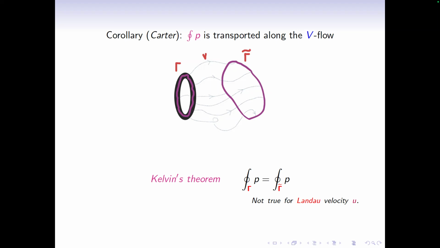The reason is that, of course, V and U are proportional to each other, but the coefficient of proportionality, which is roughly speaking the inverse temperature, depends on space and time. And so when I'm saying I'm transporting with the flow, it means that I'm solving this equation.